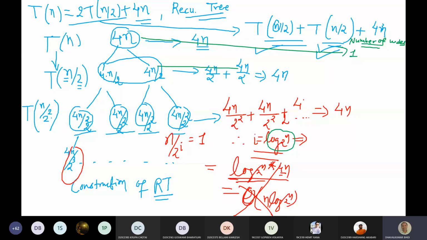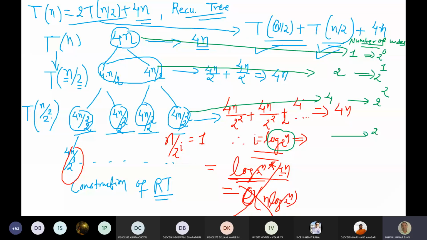And at the next level, how many nodes? 2. At the next level? 4. So at level 0, the number of nodes is 2 raised to 0. At the next level it is 2 raised to 1, then 2 raised to 2, then 2 raised to 3, and so on.